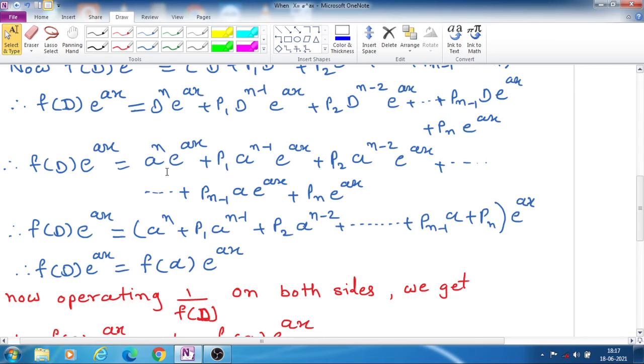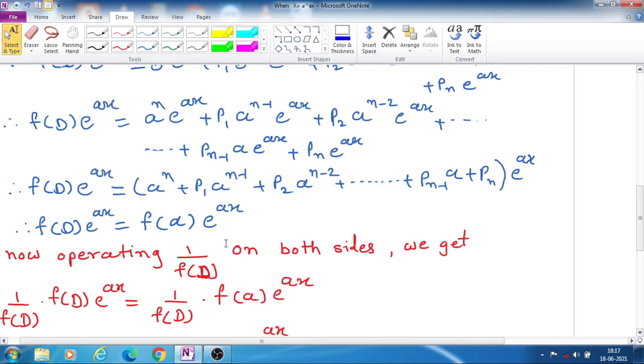So see here, when we take e raised to ax as common, what remains is a raised to n plus p1 a raised to n minus 1 plus p2 a raised to n minus 2 plus and so on, pn minus 1 a plus pn. So this is the bracket. Now you see, this bracket is nothing but what we get if we substitute capital D by a in our f(D).